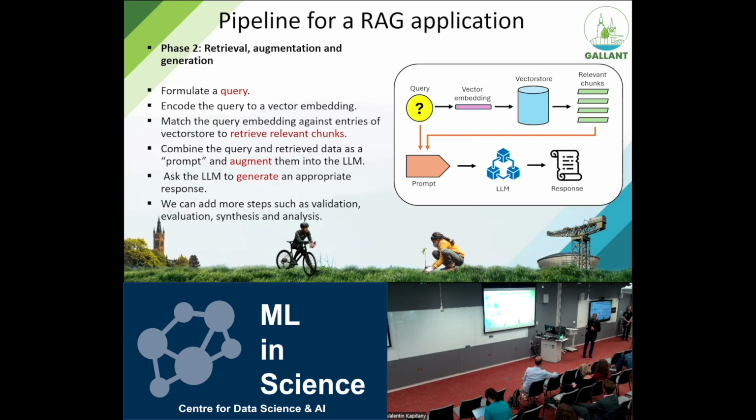So the idea is that we try to retrieve the relevant chunks using the embedding model by measuring the distance between the chunks and the query. So you put the relevant chunks on the side, and then you integrate them together again with the query and feed them into the language model.